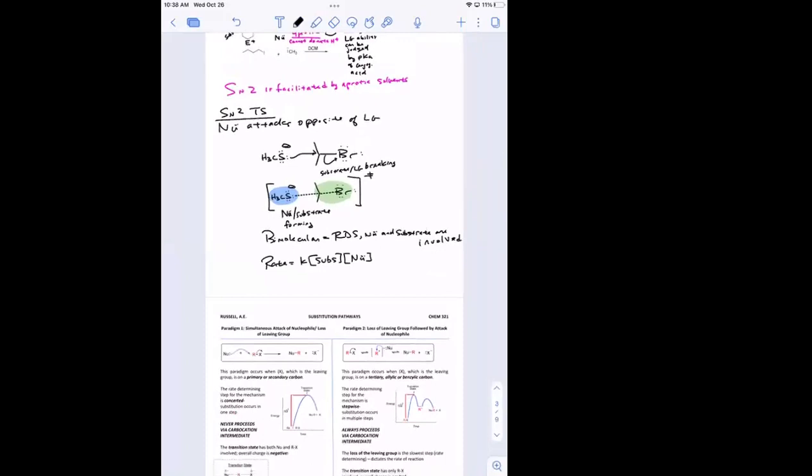Y'all remember that from Biswas or Reeves? So K is the rate constant, and the concentrations of the substrate and the nucleophile determine the rate. And the rate is based on the slowest step in the reaction, which is the rate determining step. For SN2, that rate determining step is the attack of the nucleophile and loss of the leaving group. Both of those things matter.